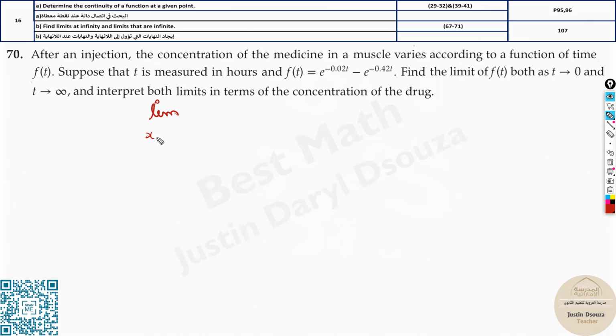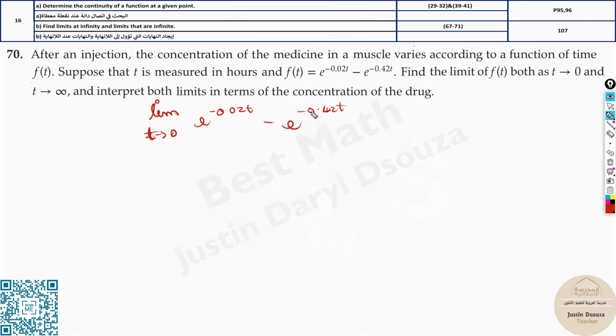Limit as, sorry, it's not x, it's again time t tends to 0 for this given function, e to the power minus 0.02t minus e to the power minus 0.42t. Now since it's 0, I can just directly substitute.